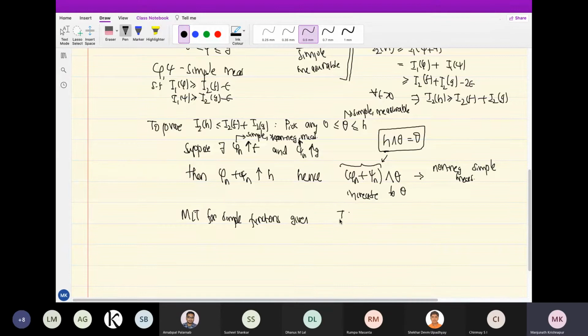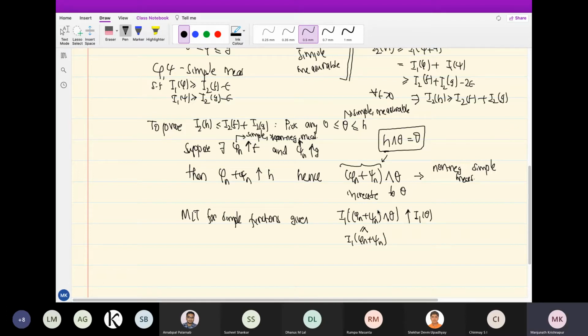So what we can say is that I1 of phi n plus psi n min theta increases to I1 of theta. So that's what the monotone convergence theorem says. But by monotonicity, this is at most I1 of phi n plus psi n.